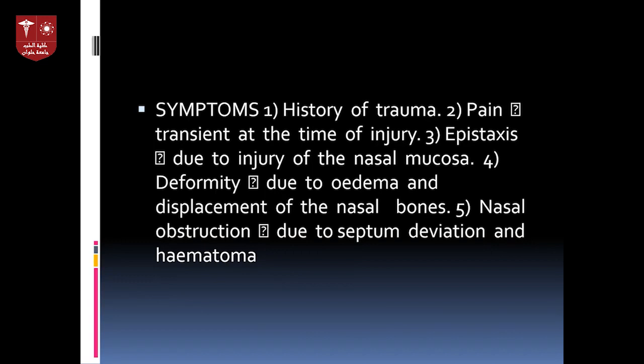Maybe the patient comes to you with no pain at the time, but he had pain with the trauma, and epistaxis, and you will see a deformity due to edema. The nose is edematous, or there is displacement of the nasal bones, and nasal obstruction due to septal deviation or hematoma.